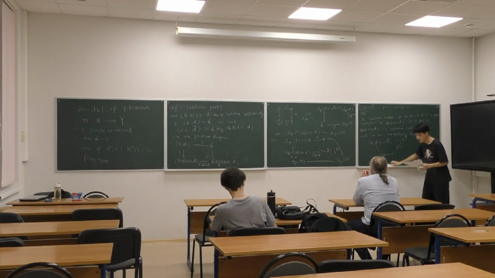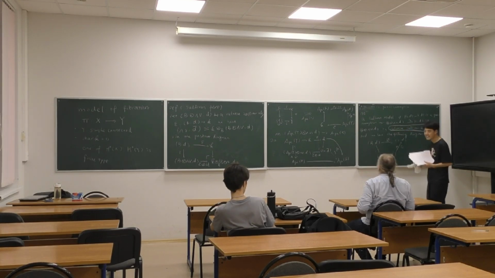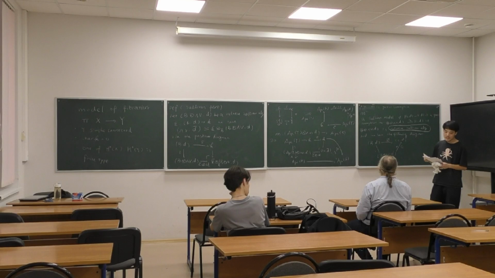Okay. So, do we need to explain what is the relative Sullivan algebra? It's basically the same as an acyclic fibration.